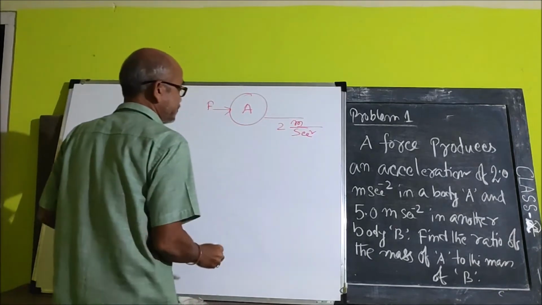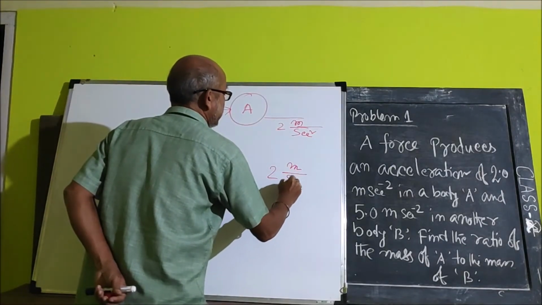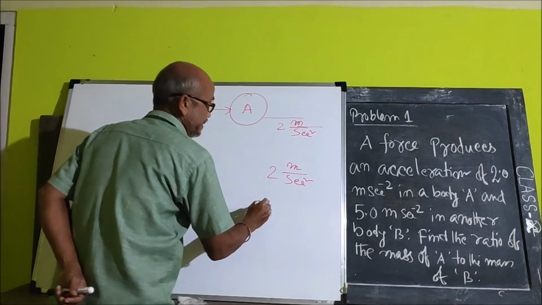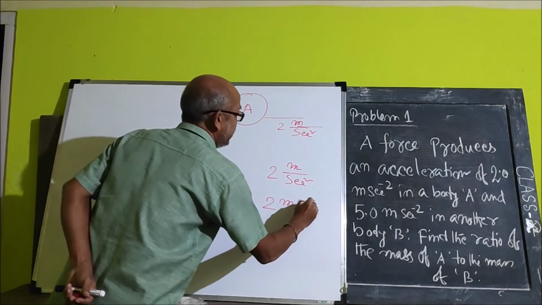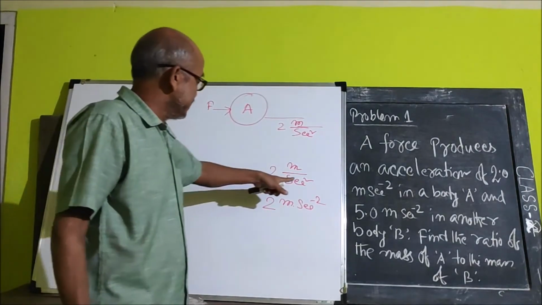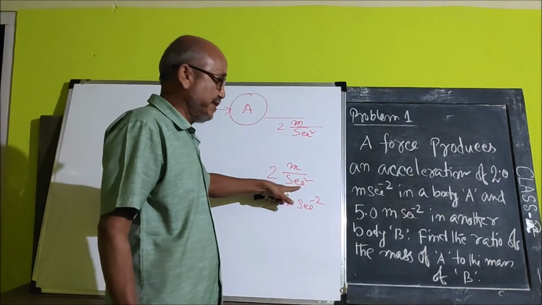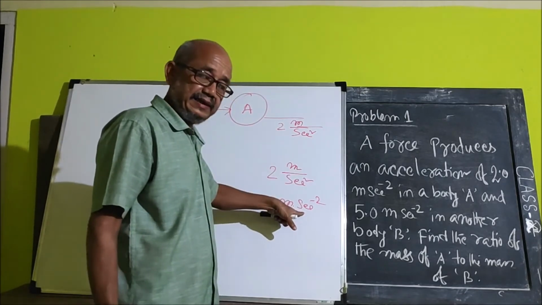Notice that this 2 meter per second square can be written as 2 meter second to the power minus 2. The denominator taken as a numerator is the difference.